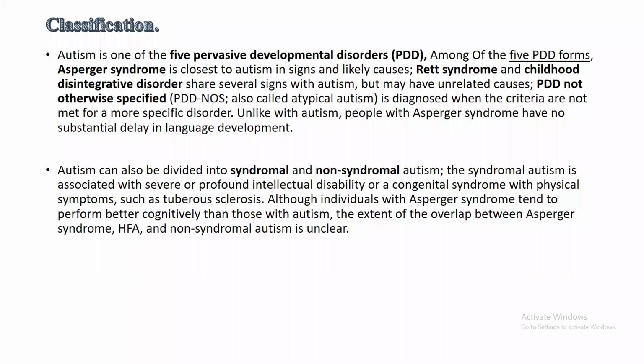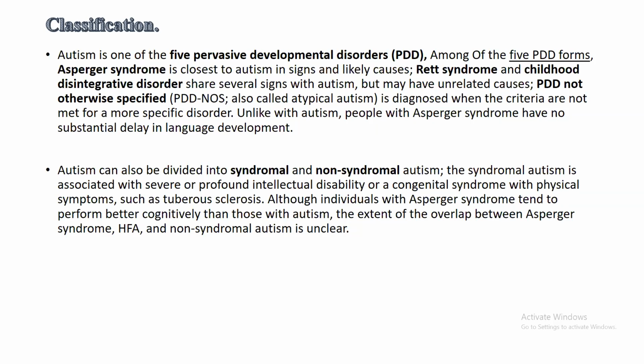Another form of PDD is PDD not otherwise specified, or PDD-NOS, also called atypical autism, which is diagnosed when the criteria are not met for a more specific disorder. Unlike with autism, people with Asperger syndrome have no substantial delay in language development.